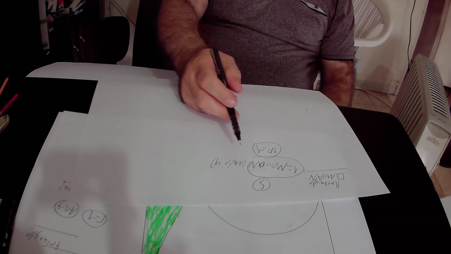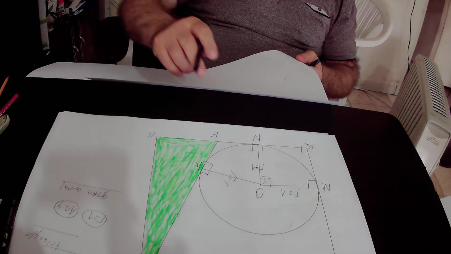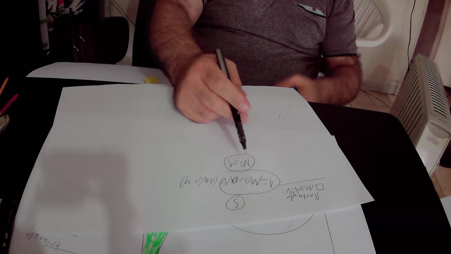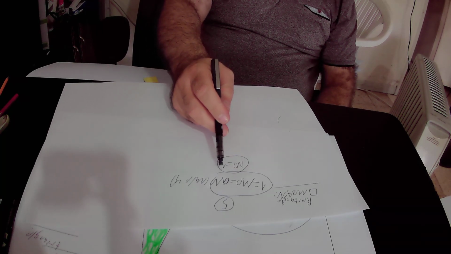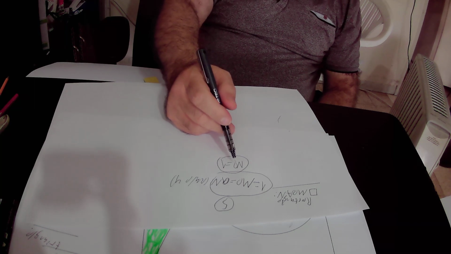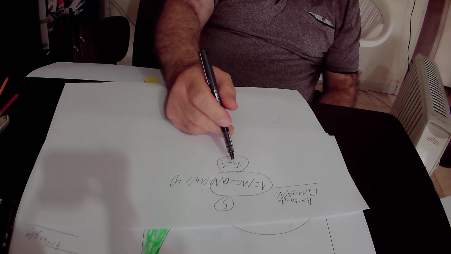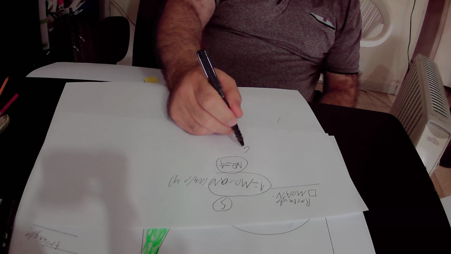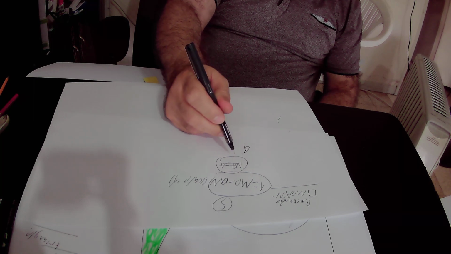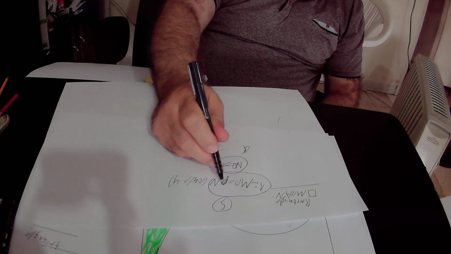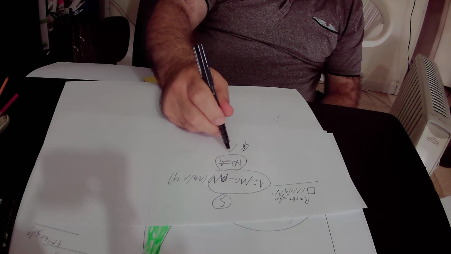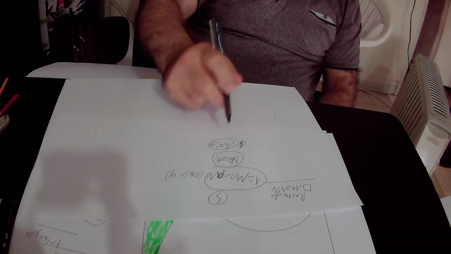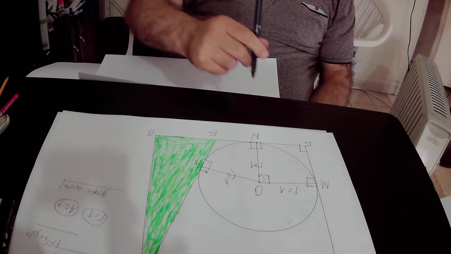According to rule number 4, MO equals AN, and we already know that MO equals 1 unit, and from this equality we conclude that AN also equals 1 unit. Okay, here AN equals 1 unit.